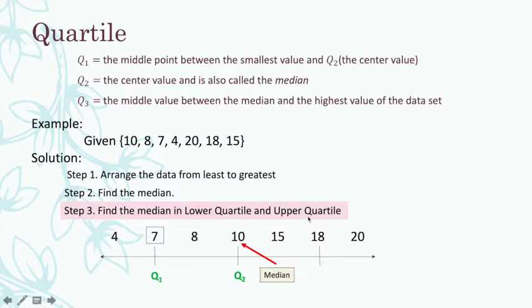And what is the median in the upper quartile? That is the Q sub 3, which is 18. Therefore, Q sub 1 is equal to 7, Q sub 2 is equal to 10, and Q sub 3 is equal to 18.